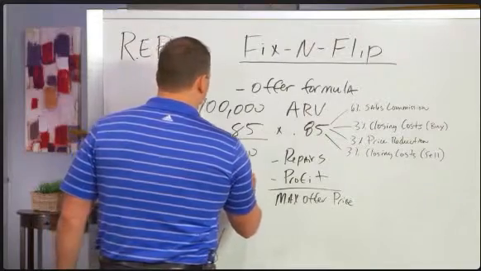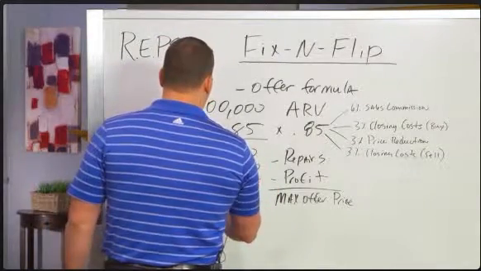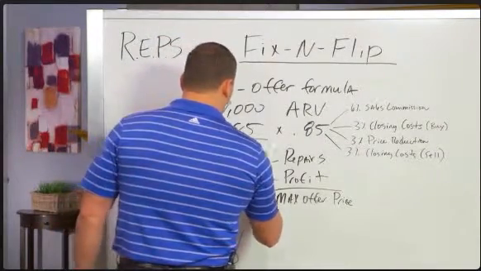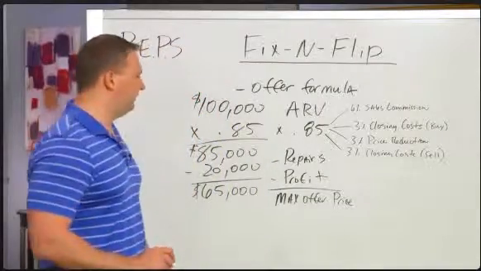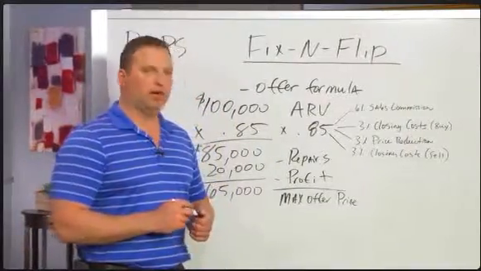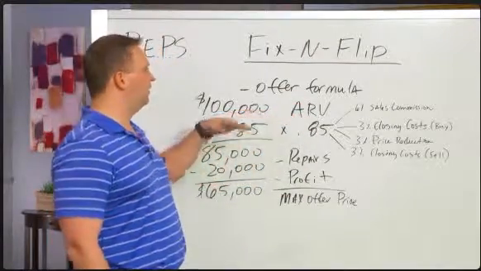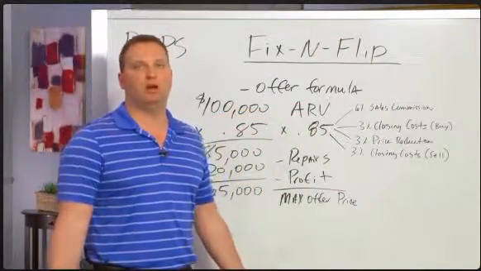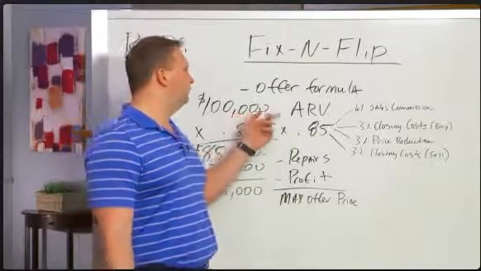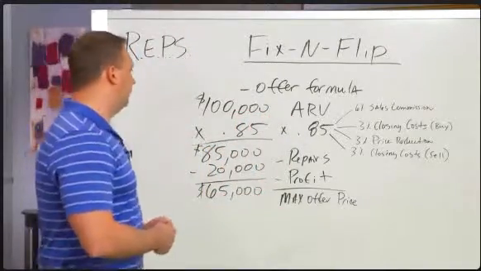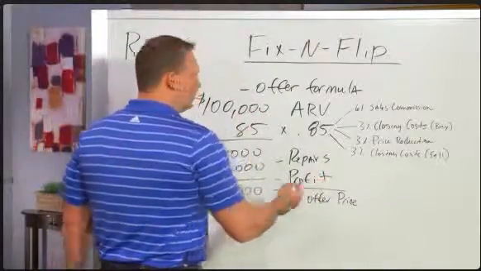We subtract out 20,000. Now we're left with 65,000. Okay, so we've got 65,000, and let's say we're trying to make a 20% profit off of what the ARV is of this house. So 20% of 100 grand is $20,000, and that's what our profit is.